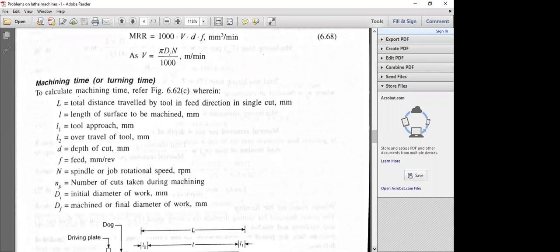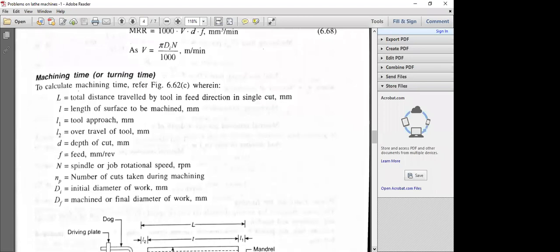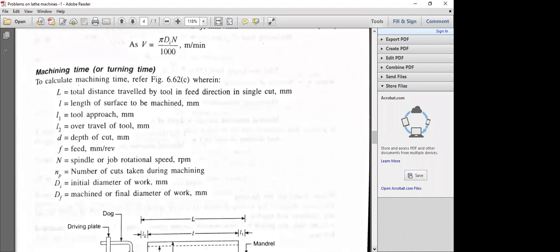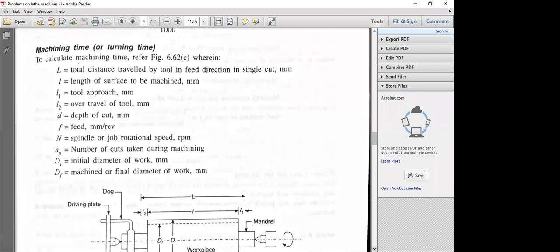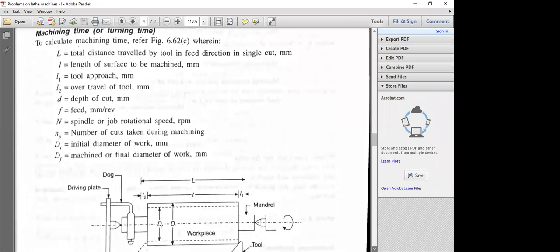NP is the number of cuts taken during machining. Already we have discussed Di is the initial diameter of the workpiece in mm, and Df is the final diameter of the workpiece. Just try to see L1. L1 is nothing but the tool approach, and L is equal to L plus L1 plus L2.